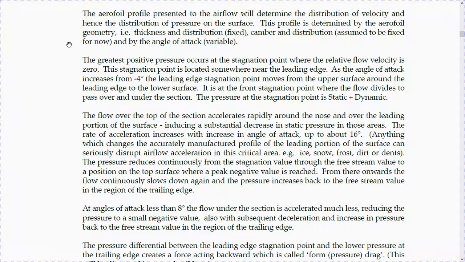It is at the front stagnation point where the airflow divides to pass over and under the section. The pressure at the stagnation point is static plus dynamic. Of course, static is always there, and of course, there is dynamic pressure.